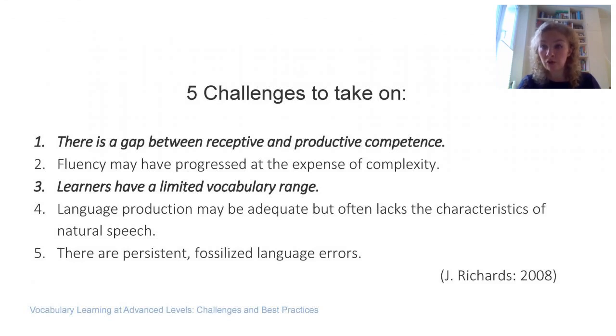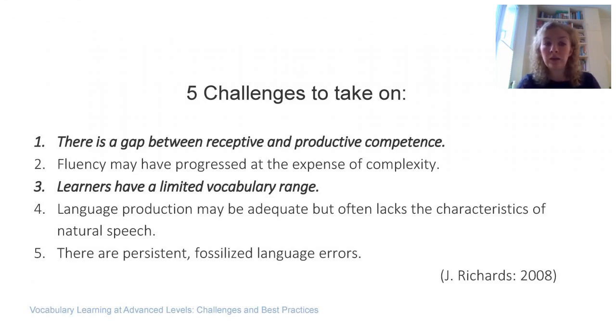And for C2, for proficiency, it should be around 10,000. So you can imagine that to proceed from, let's say, A2 to B1, it can be 500 to 1,000 new word families. But to proceed from B2 to C1, it's 2,000 word families, quite a lot of vocabulary.